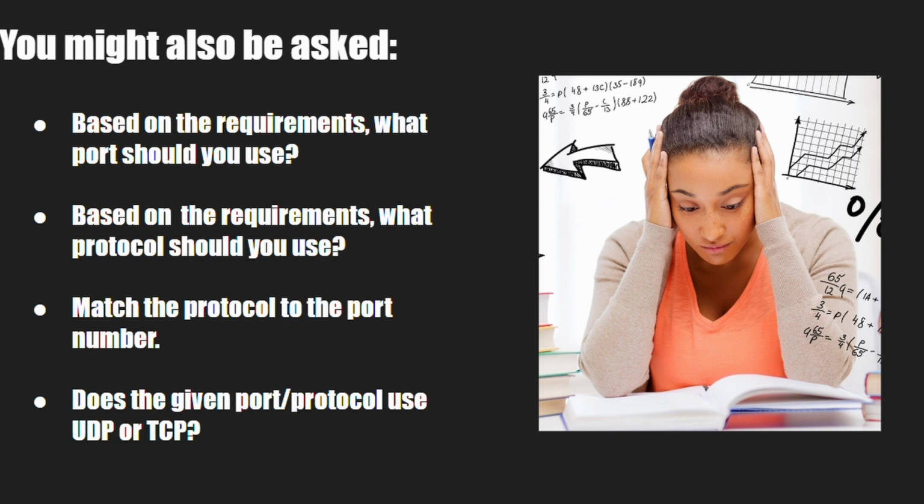Match the protocol to the port number, of course. We know we're probably going to be asked to do that at some point in time. And you might also be asked, does the given port or protocol use UDP or TCP? So what we just talked about. So long as you can answer those questions for each port and protocol, which I know is quite a lot, then you'll be ready for this exam objective, guys.